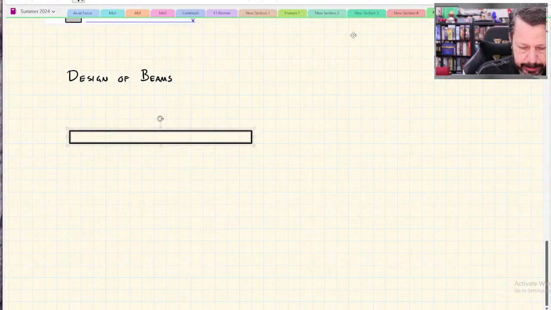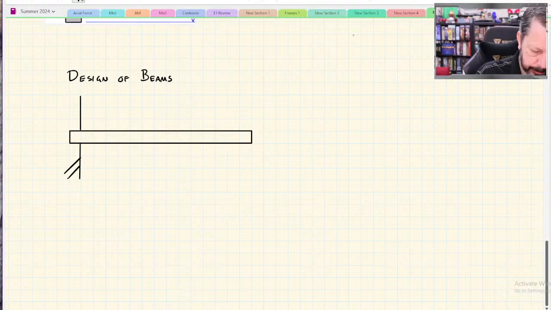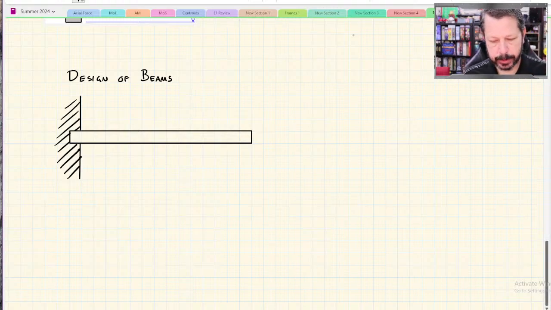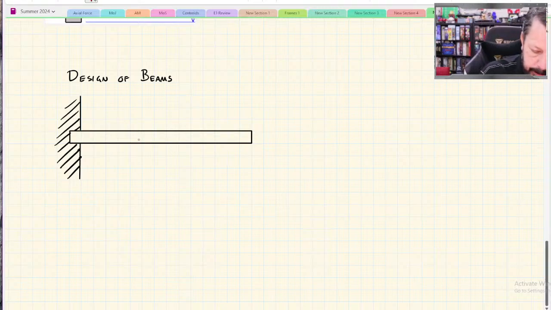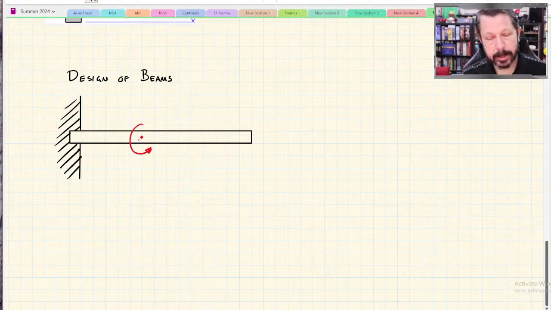So there's our cantilever. Okay, let's put some loads on it. We'll put a concentrated moment here.